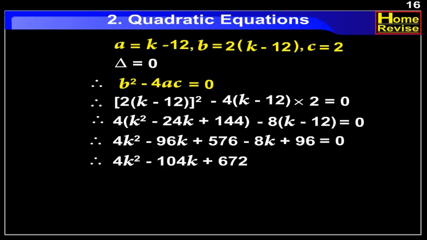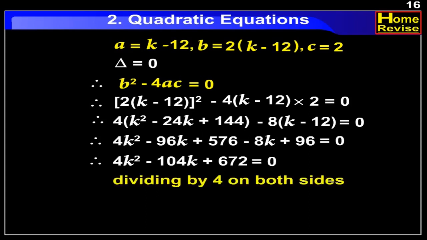Therefore, 4k square minus 104k plus 672 is equal to 0. Now, dividing by 4 on both sides, we get k square minus 26k plus 168 is equal to 0.